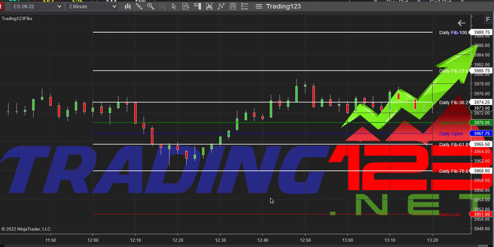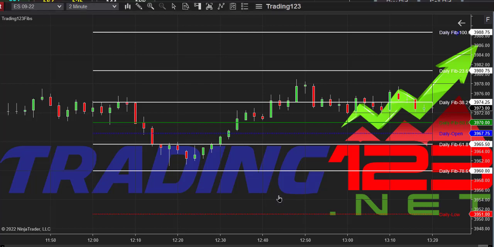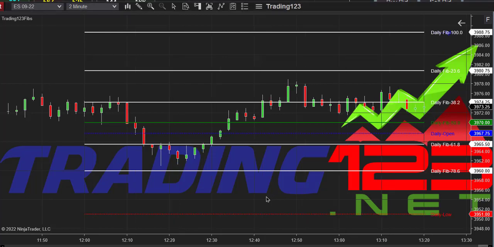But the most important factor, the line in the sand here, is knowing the overall trend. And you get that by these two lines here, the daily open line and the daily fib line. Very powerful support levels that institutions use to stay long or short the market.